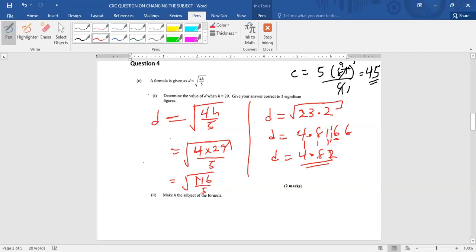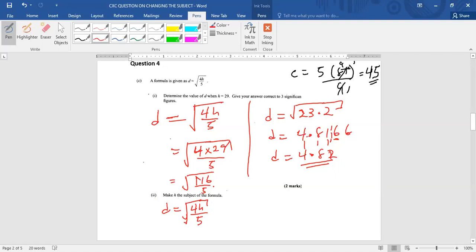Now, let's move on to the second part of question 4. Make H the subject. So we are going back to the same business, right? D is equal to the square root of 4H over 5. Now, talk to me.